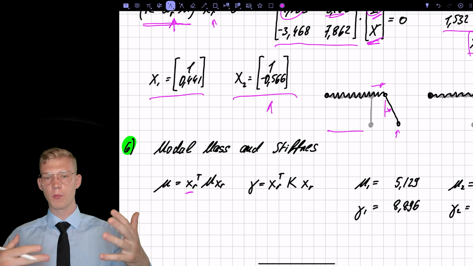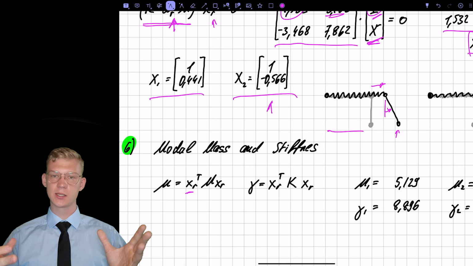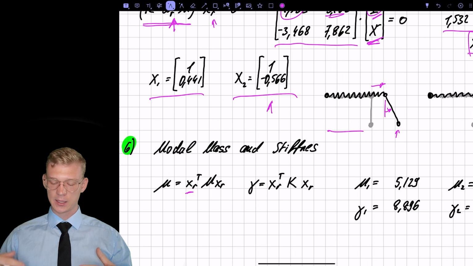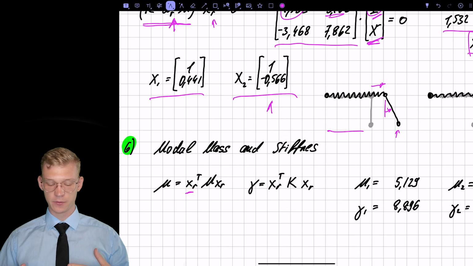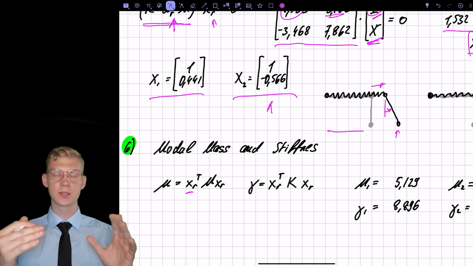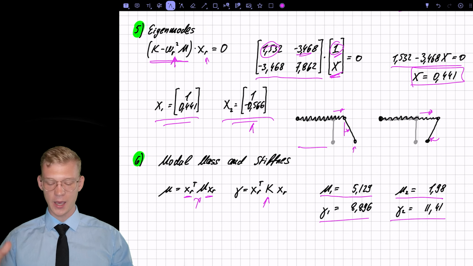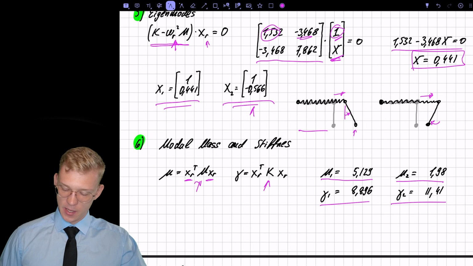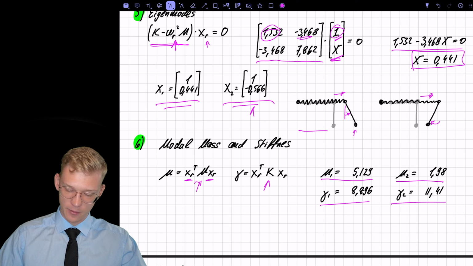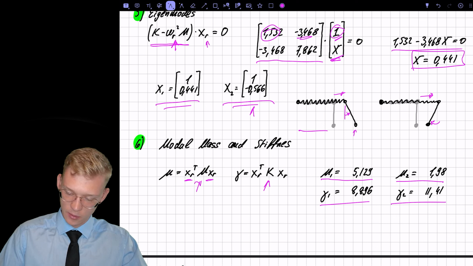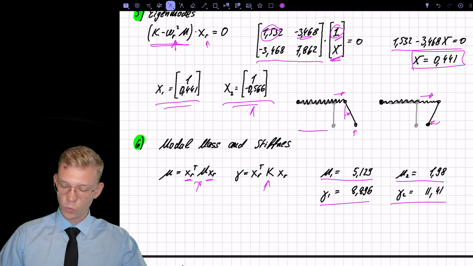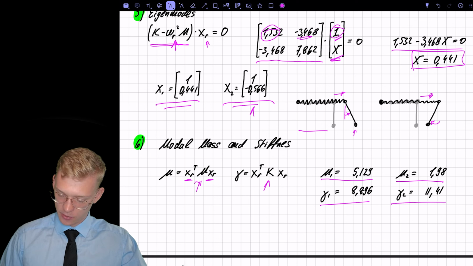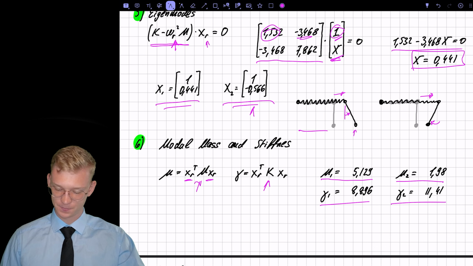So we have now modal masses that describe the mass of the system and the modal stiffnesses that describe the stiffness of our system at that specific eigenfrequency. So we already see that where we have a higher frequency, we also have a higher stiffness.